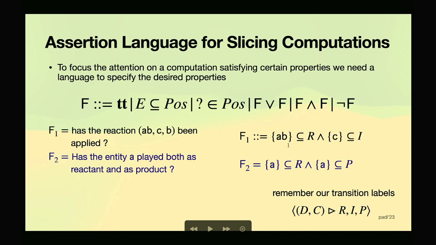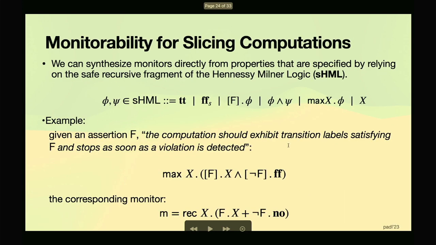But now we want to specify that the computation should continue if the transition label satisfies an assertion and stops as soon as a violation is detected. To do that, we rely on the safe recursive fragment of the NC-Miller logic. And why?